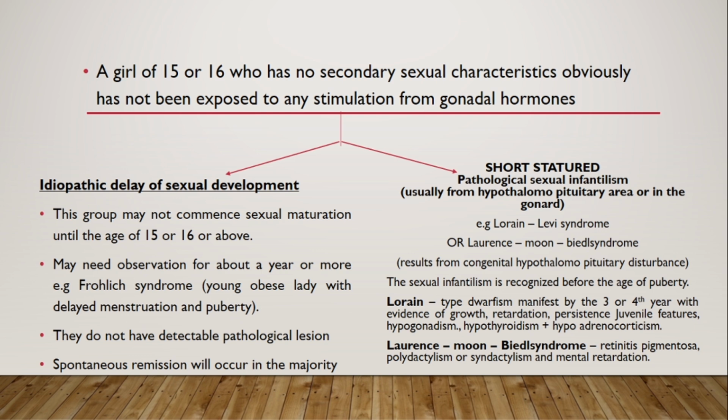For example, Froelich syndrome: a young obese lady with delayed menstruation and puberty.